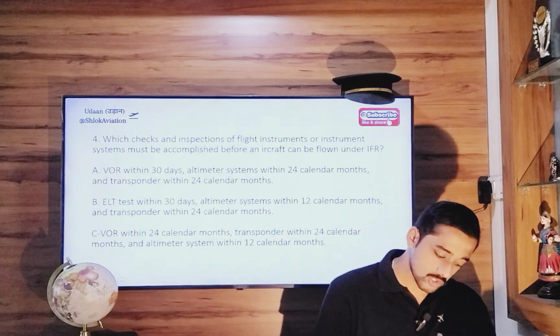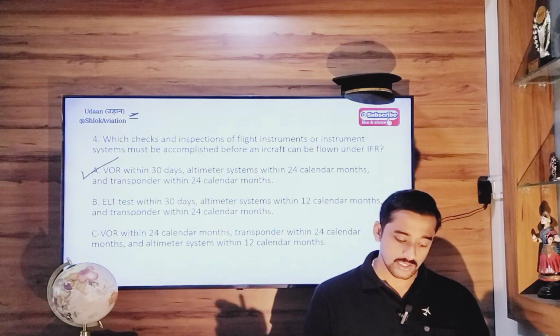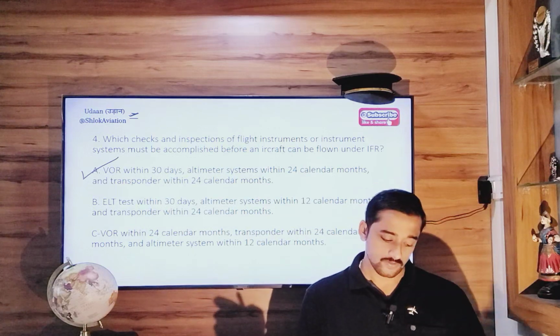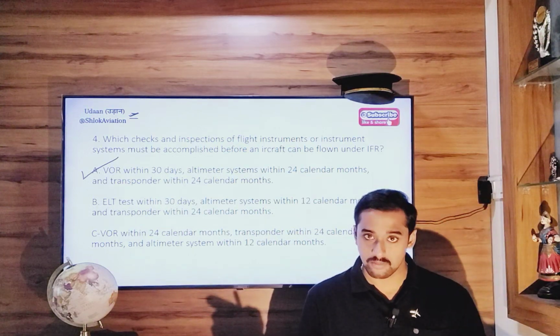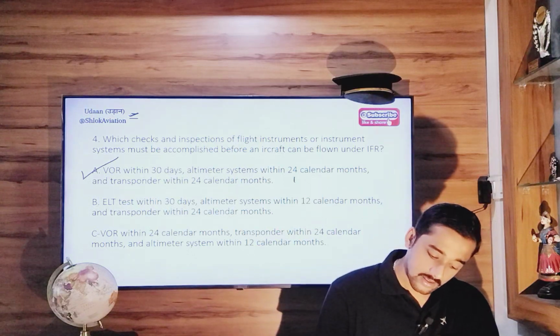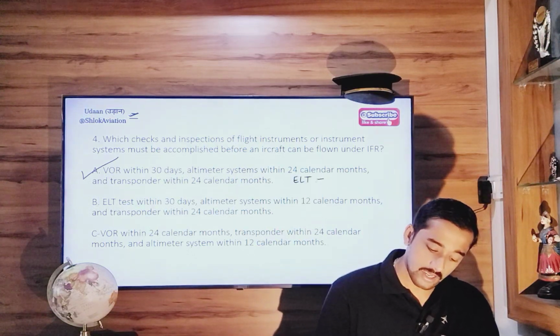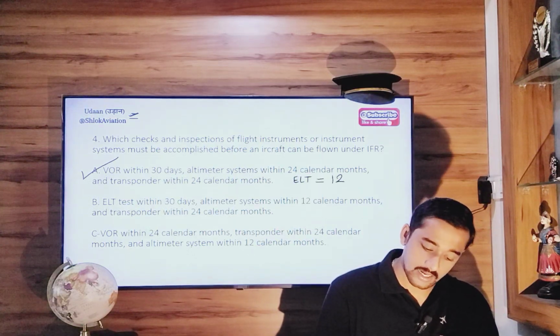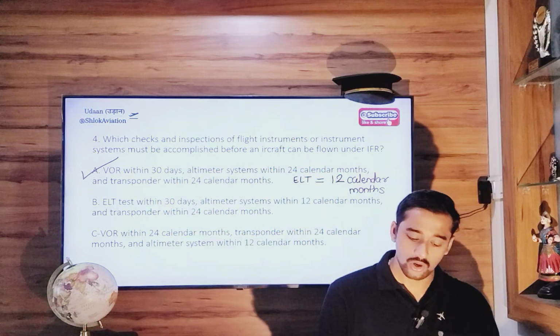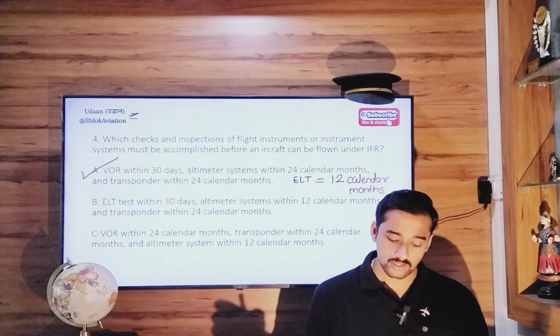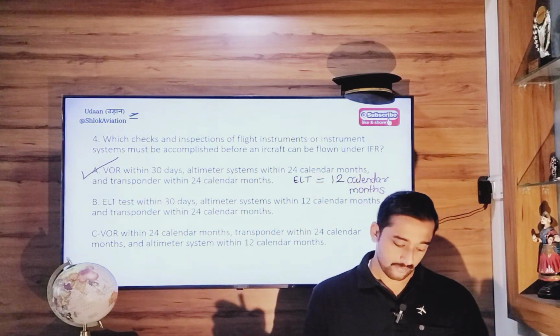So the correct option is option A. You must check and inspect your VOR within 30 days, altimeter systems and transponder every 24 calendar months, and the ELT test must be done every 12 calendar months. Remember this: VOR 30 days, altimeter and transponder 24 months, ELT 12 calendar months.